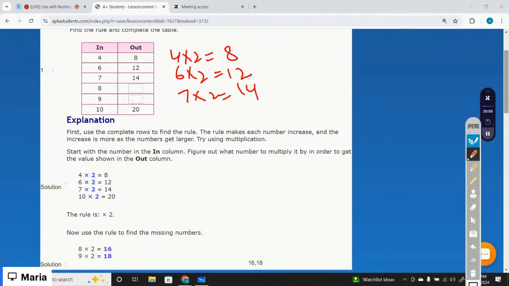That means the rule is you have to multiply each input value by 2 to get the output value. So for the next one, 8 times 2 is 16 and 9 times 2 is 18. So the missing values are 16 and 18. Got it? They are 16 and 18.